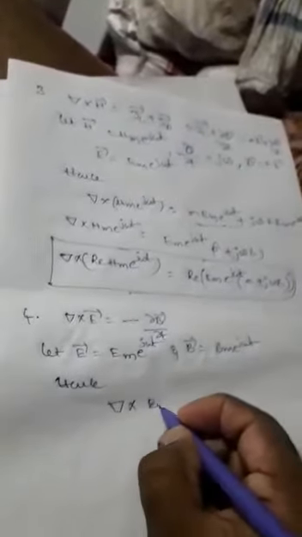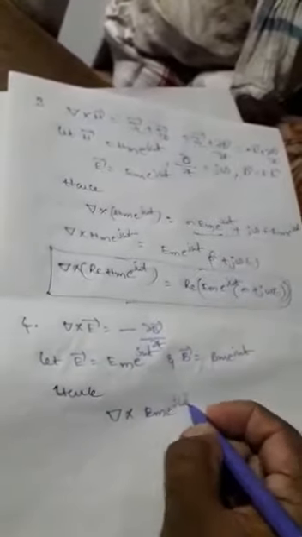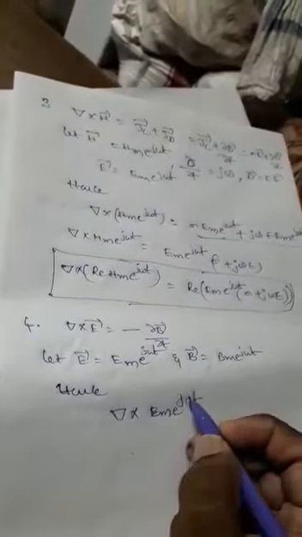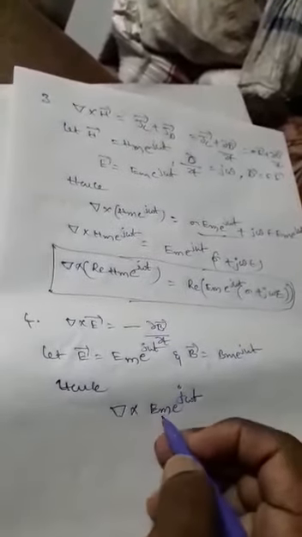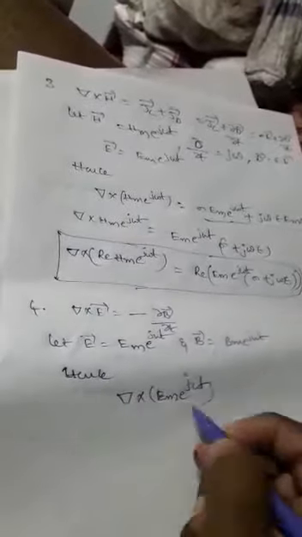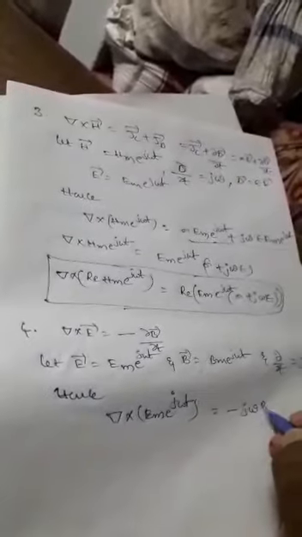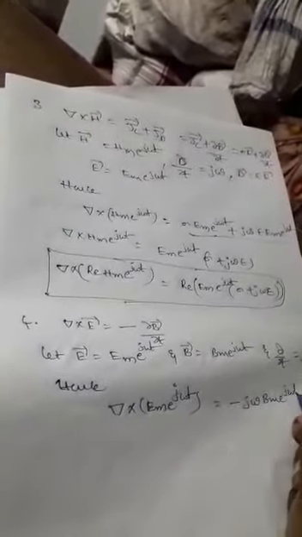Hence curl of Em into e to the power of j omega t is equal to minus dou by dou t, meaning minus j omega into Bm into e to the power of j omega t.